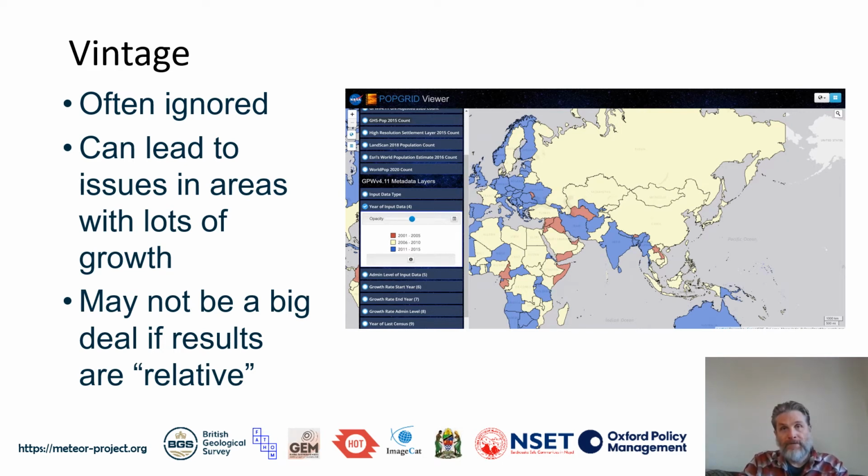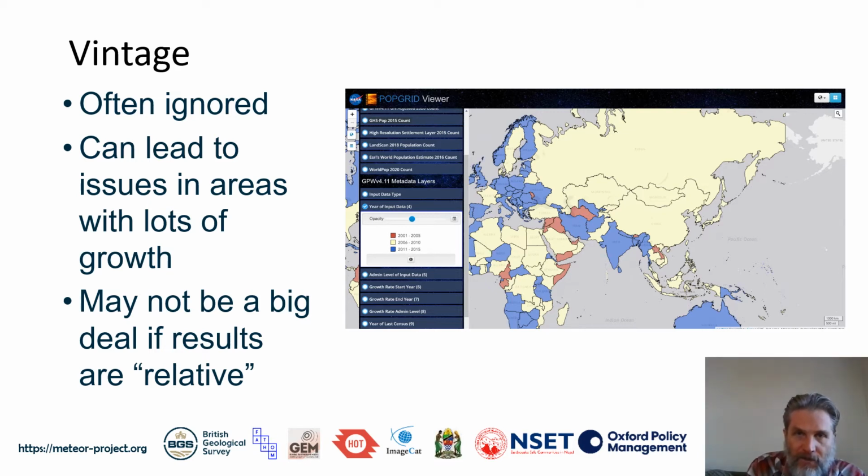Okay, vintage. Vintage can be very, very important. Here we have a pop grid viewer that looks at different population data sets that are available globally. In this case, they're providing the vintage of a single data set, GPW, Gridded Population of the World, version 4.11.